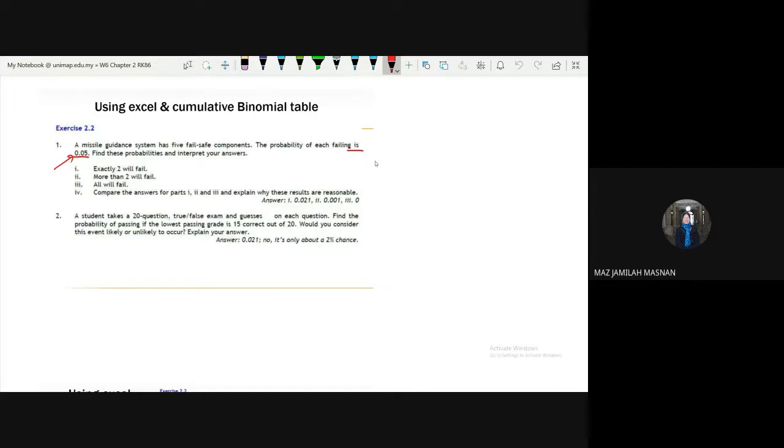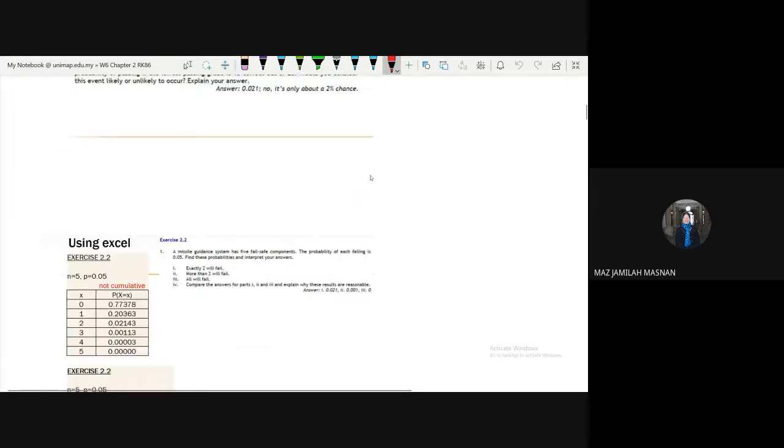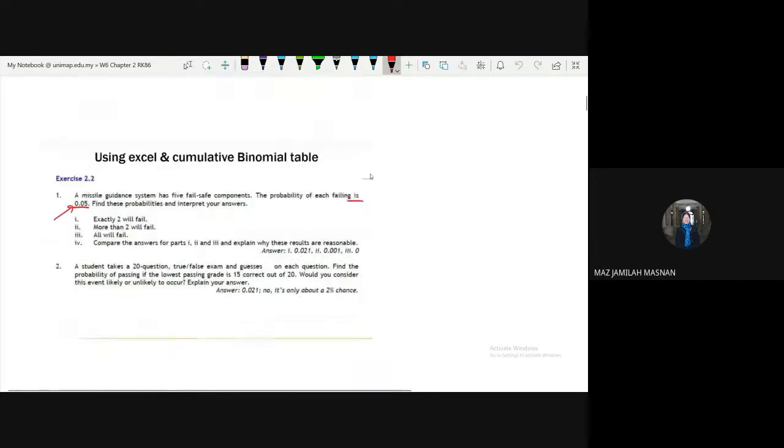Before we can start, as usual, we are going to interpret what our random variable X is here. What can you guess from the X given in the question? Class, someone? It should begin with the number. The number of what?